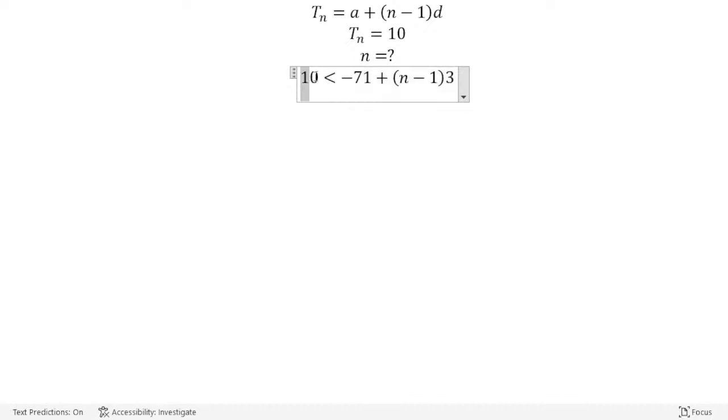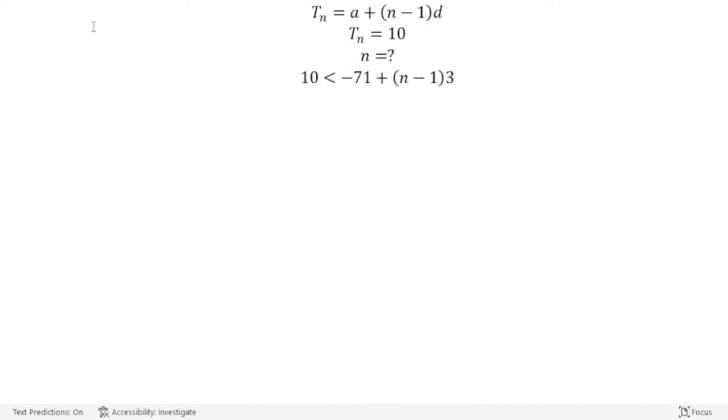We're saying 10 is less than this whole expression, because asking which term exceeds 10. I hope you are following. All right, now solve for n.